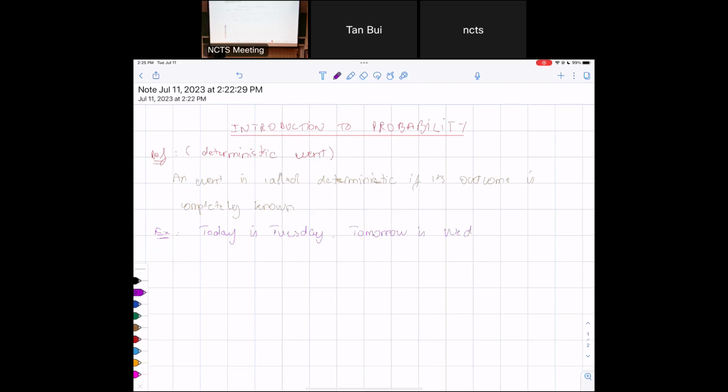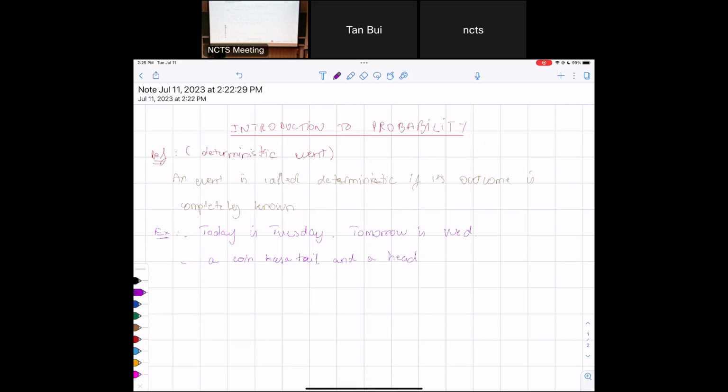So these are deterministic events because we only know that its outcome is true here. Let's say a coin has a tail and a head, for example.